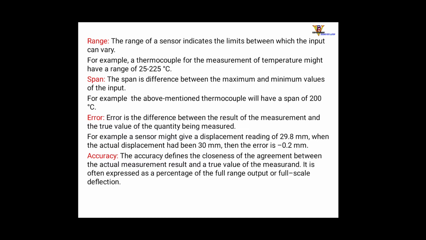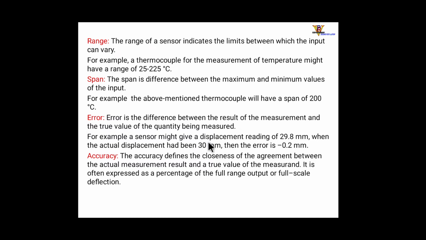So how much error does it have? It has 0.1 degree Celsius error in it. So error is defined as the difference between two things: first, what you are getting after measuring, and second, the actual value of that measurement.